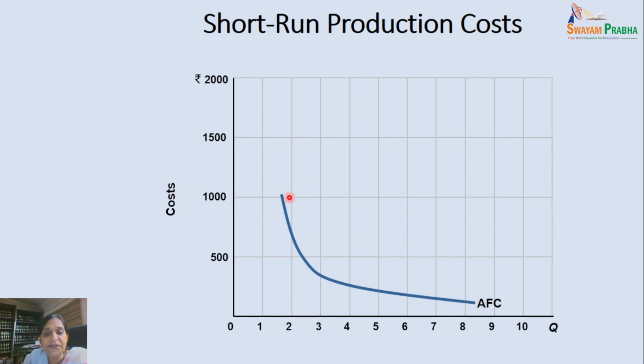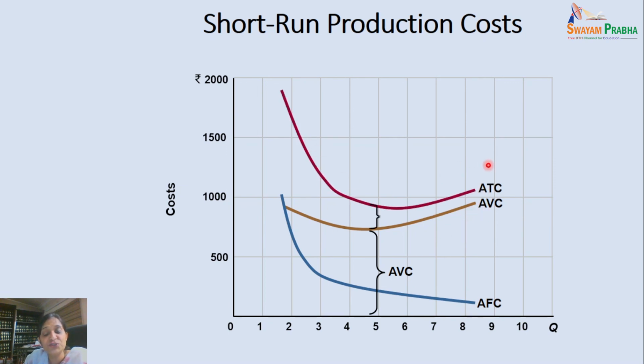We saw that your average fixed cost curve is a rectangular hyperbola, showing that as your output is increasing, average fixed cost is continuously declining. Then we saw your average variable cost curve, which is a U-shaped curve. Then we saw average total cost curve, which is also a U-shaped curve, and the difference between ATC and AVC is your AFC.